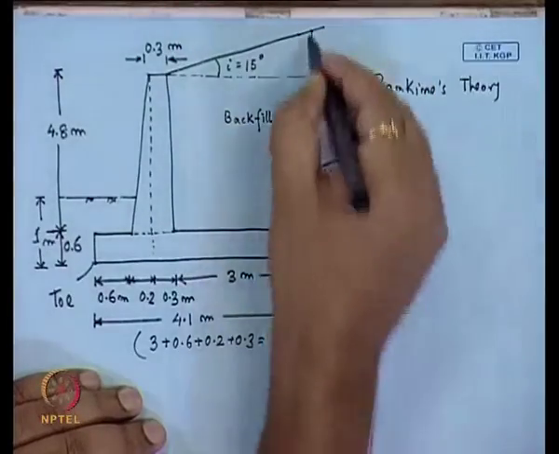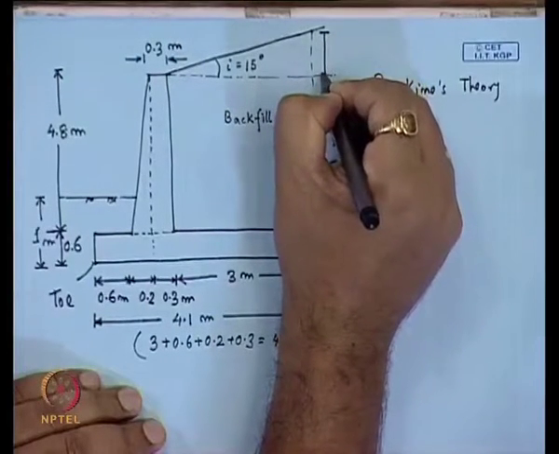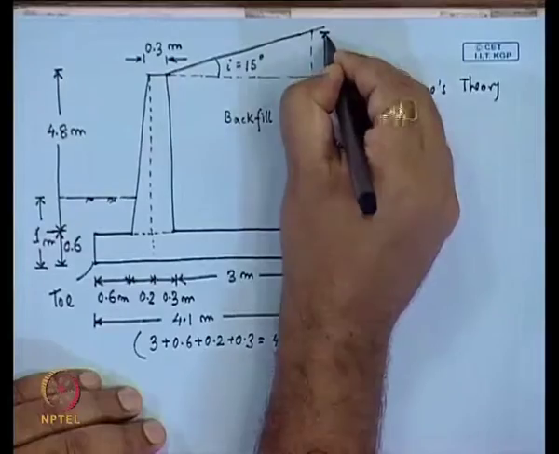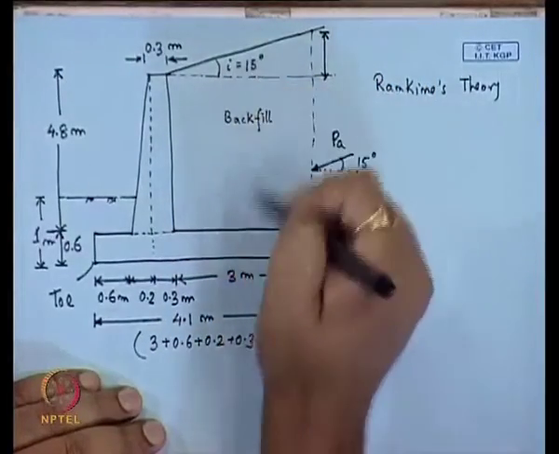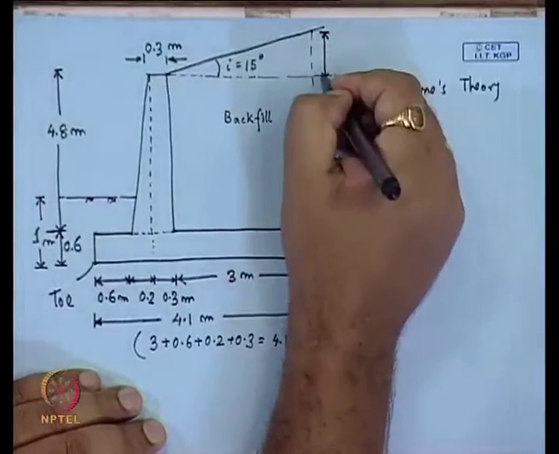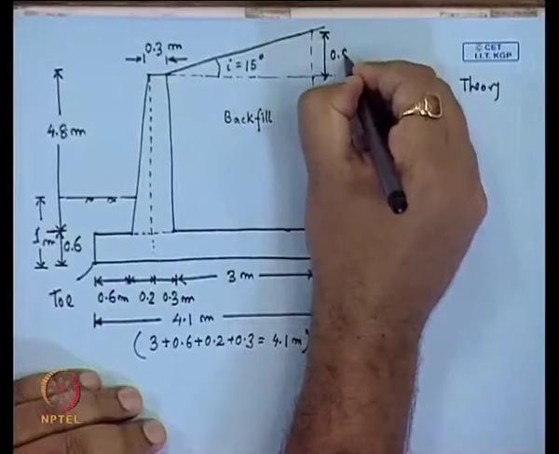Before we start, we can determine the distance of this portion. This portion is tan 15 into 3, so the distance from this point to this point is 0.8 meter.